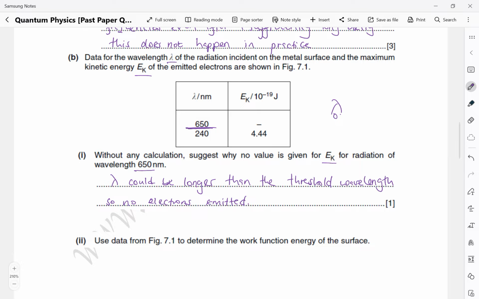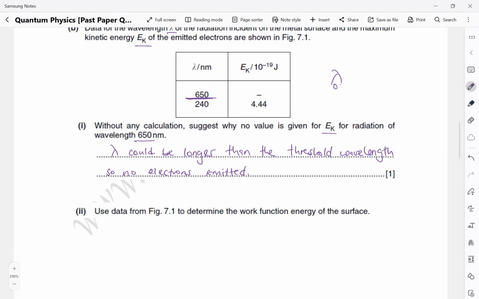Or you could say frequency could be below the threshold frequency, because when the wavelength of 650 nanometers is longer than the threshold wavelength, no electrons are emitted.